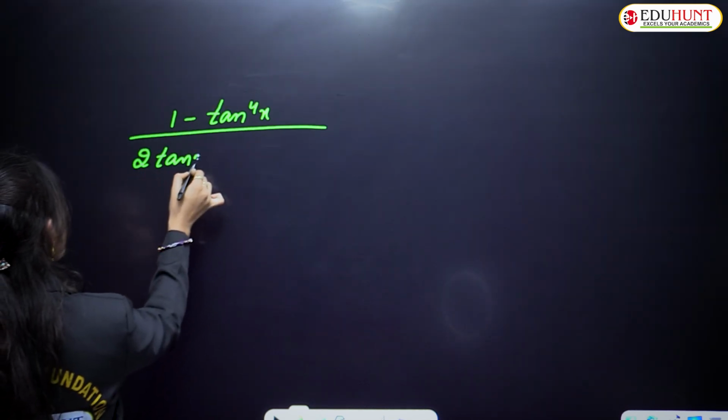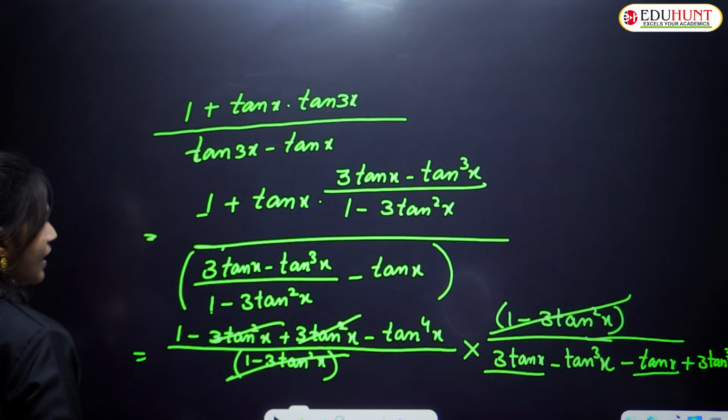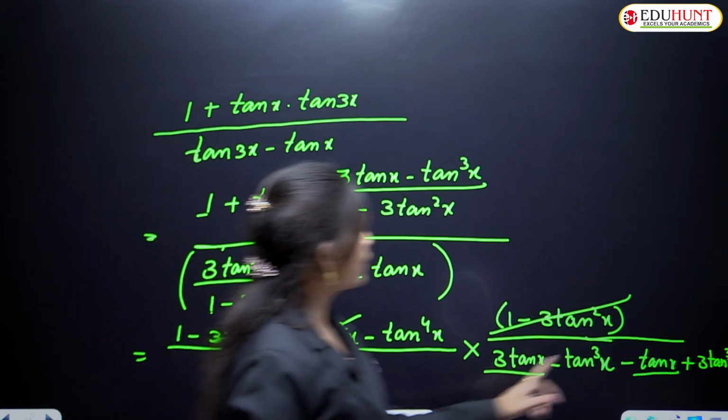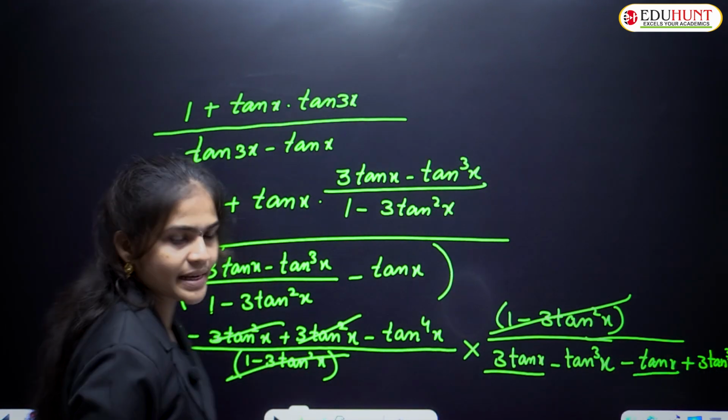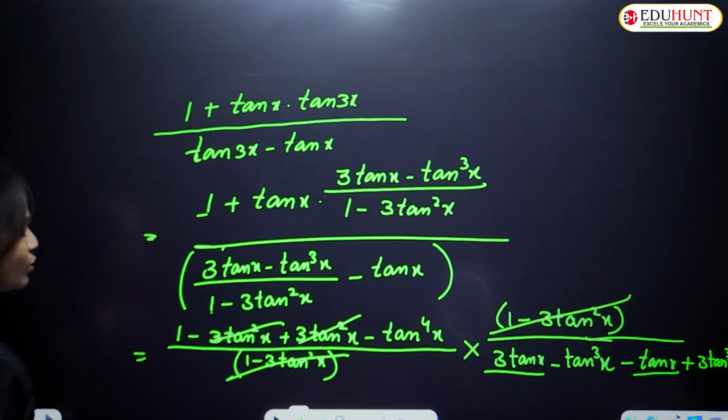2 tan x, and here minus tan cube x plus 2 tan cube x. So that is plus 2 tan cube x.